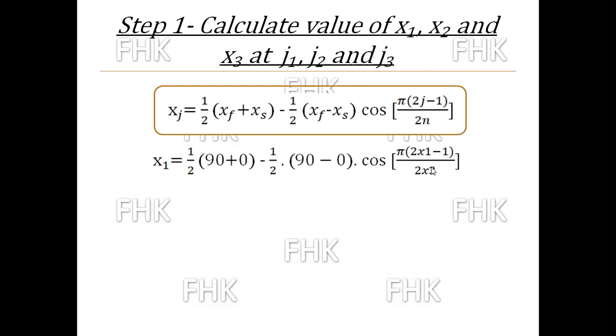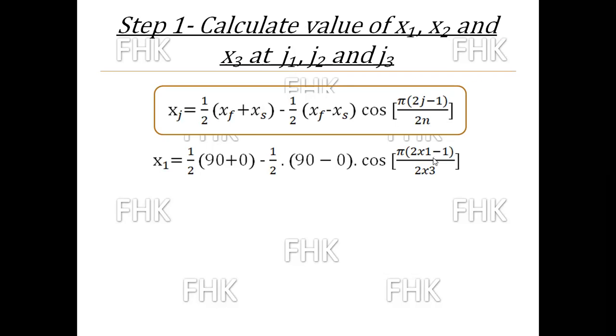(2×1−1) divided by 2n into 180/π. So this π and this π will get cancelled. 2 minus 1 is equal to 1, and the 6 multiplies with this 180 in the numerator, so it becomes 180 by 6. 180 by 6 is equal to 30 degrees.